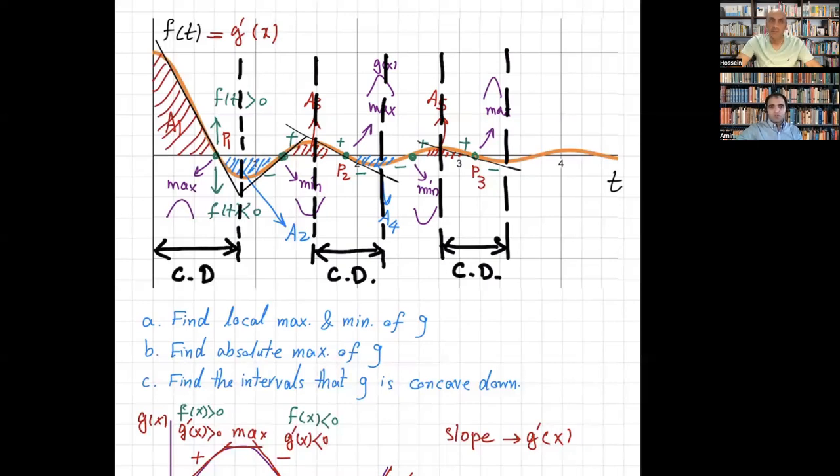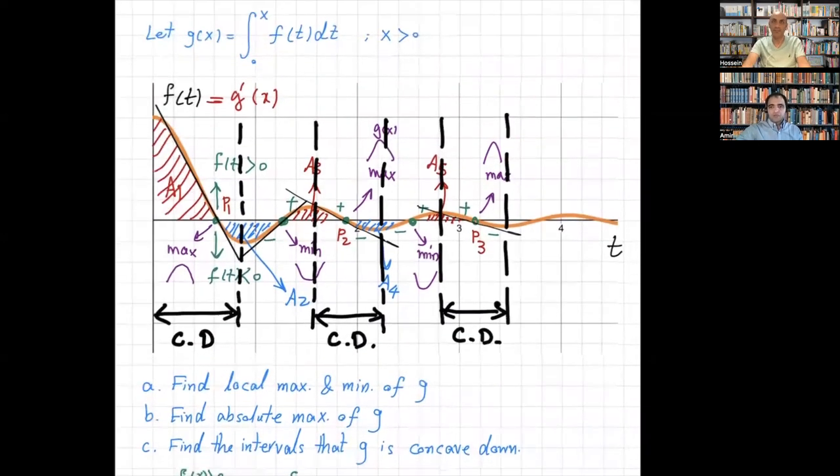We just showed how you can look at the area under the curve and interpret it as a value to estimate the absolute maximum, the local maxima or minima, or the intervals regarding the concavity of the function.